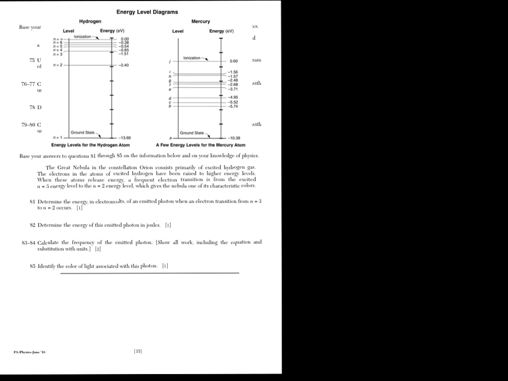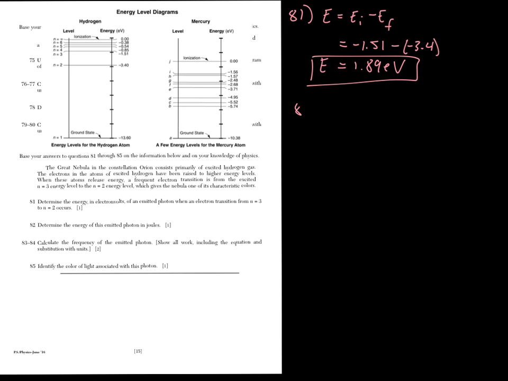We need the energy of the transition, the amount of energy in electron volts. So we don't have to show an equation, but anyway, initial minus final. Initially it's at 3, so it's negative 1.51 minus negative 3.4, and you should get 1.89 electron volts. That's our answer. That's all you need to do.